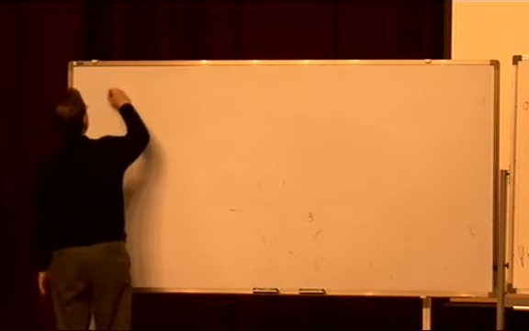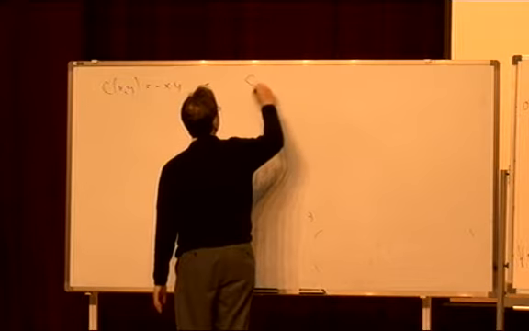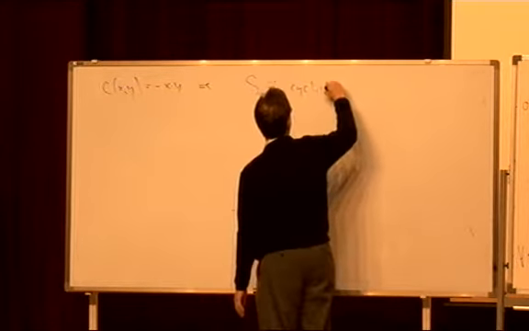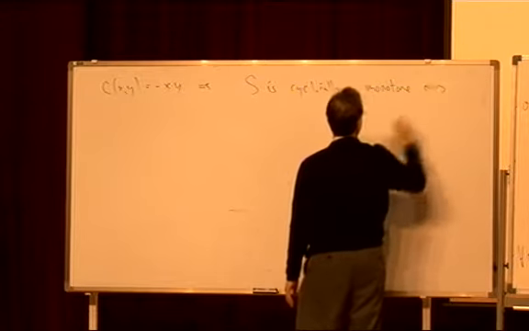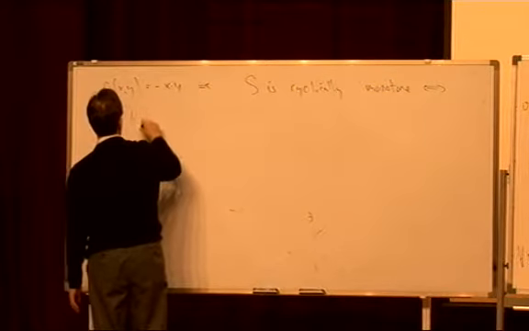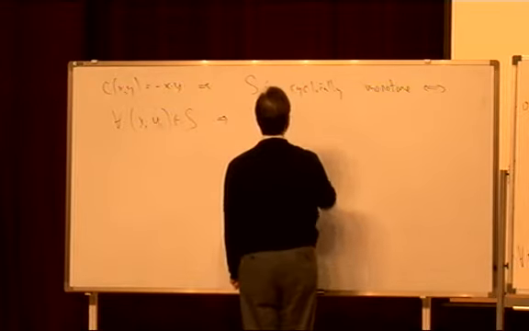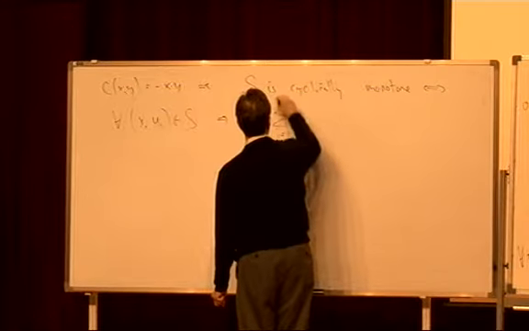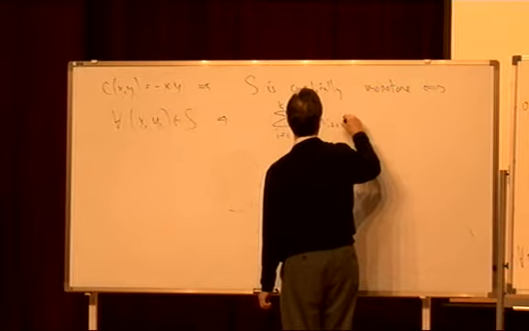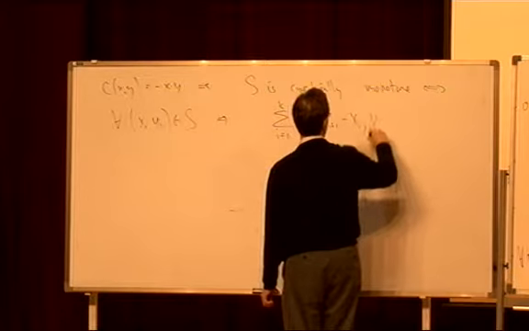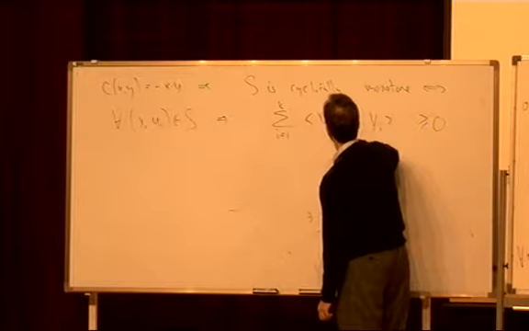So taking C to be minus the inner product, S is cyclically monotone if and only if whenever I take a sequence, the sum as i counts from 1 to k of the inner product of xi plus 1 minus xi, yi is non-negative. Actually, perhaps I'd rather write it this way.